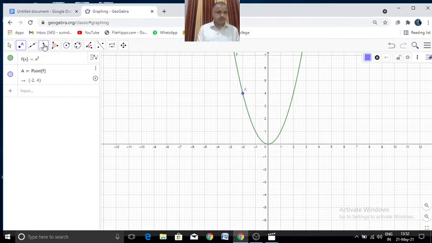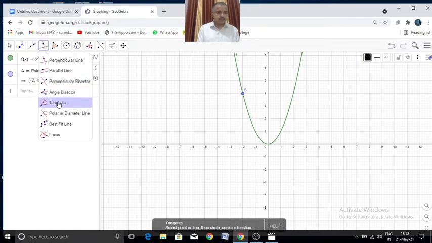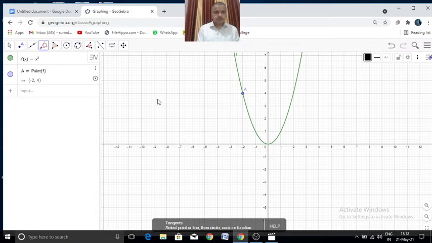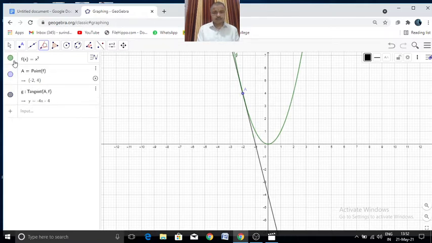Now we draw a tangent at the point A to the curve y equal to x square. Now look, the branch of the curve always lies above this tangent.